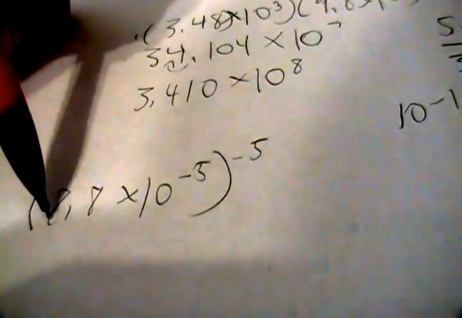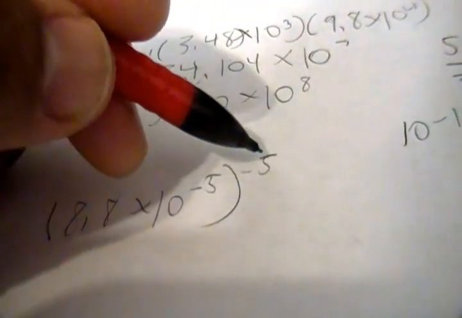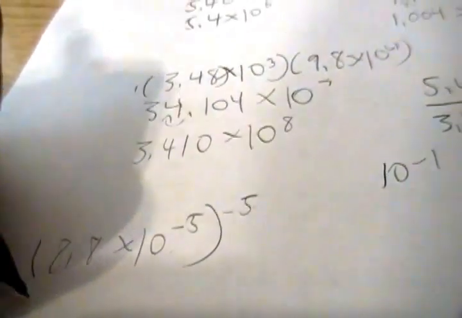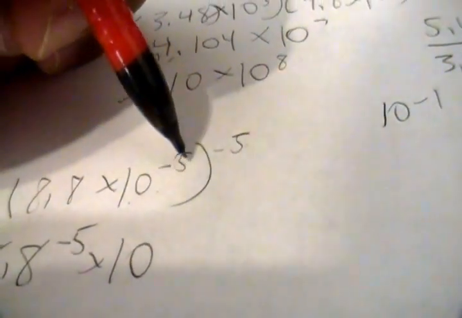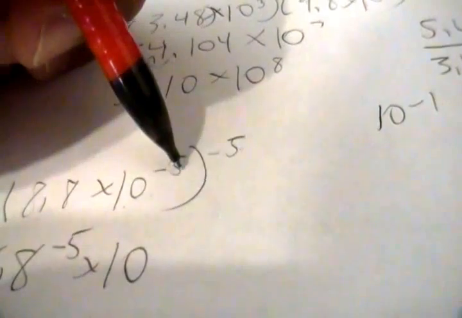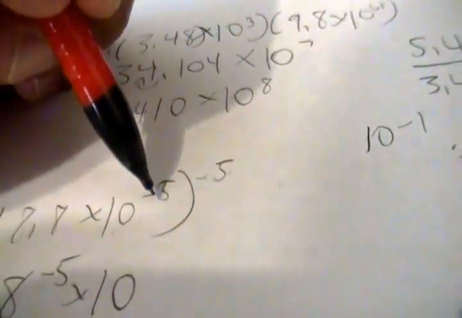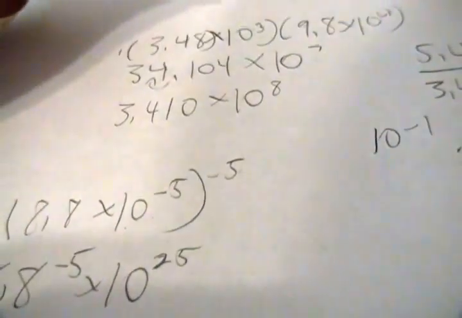In other words, the negative fifth power we apply to both of these, so this becomes 8.8 to the negative fifth power, because we're distributing, and then times 10 to the... Here you have to be careful. This isn't negative 5 minus negative 5, it's really negative 5 times 5, so it becomes 25.